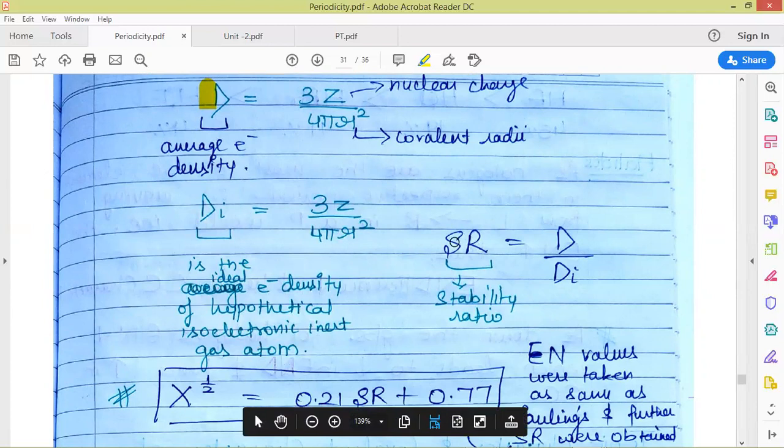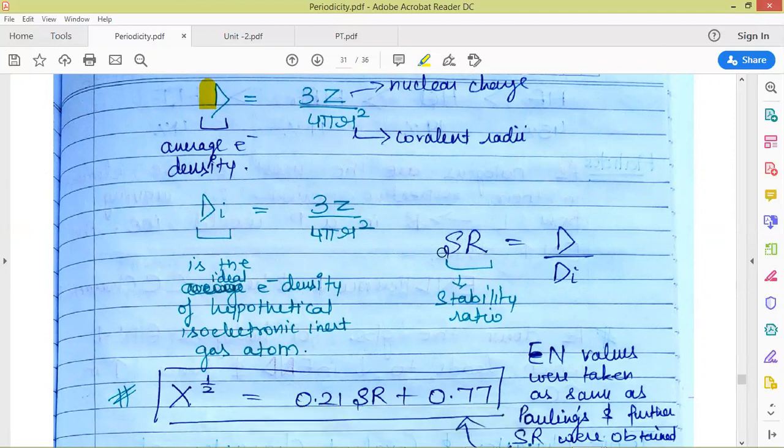Based upon that, stability ratio was calculated, which is represented by SR, which is equal to D divided by Di. Di is the density for this hypothetical case, and D is the density which can be calculated using this formula.